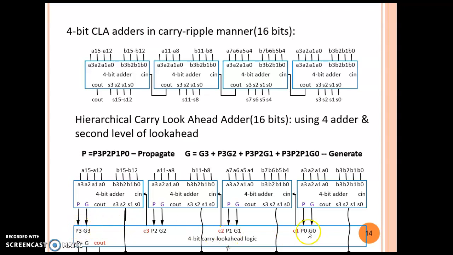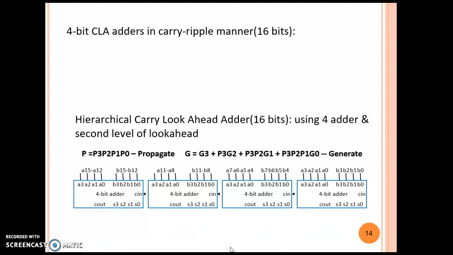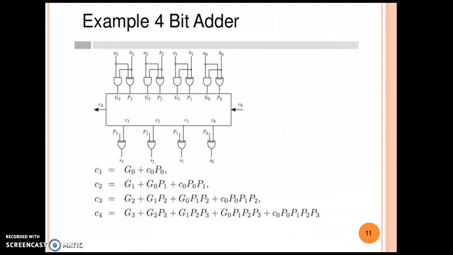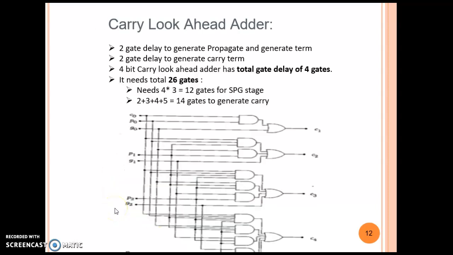Instead of having A0 B0, here we have G0 and P0, and depending upon this formula, your C1, C2, C3 and C4 will be calculated.